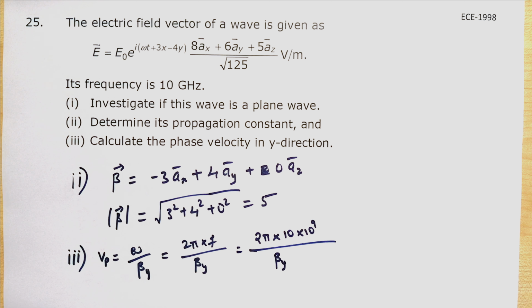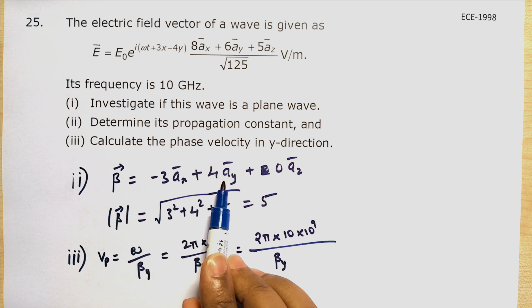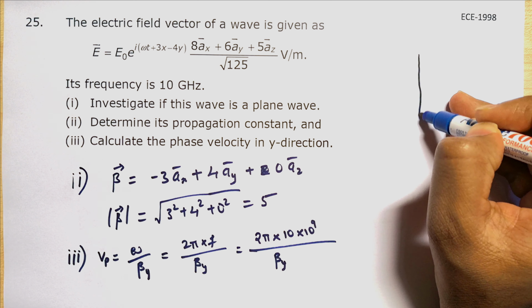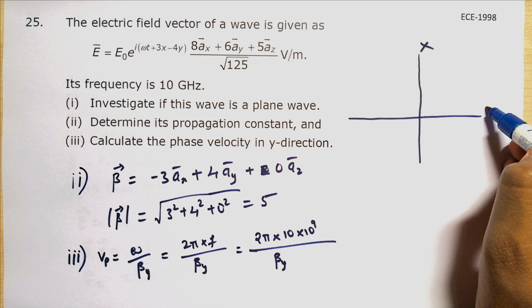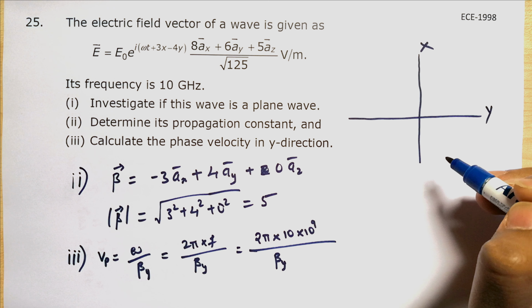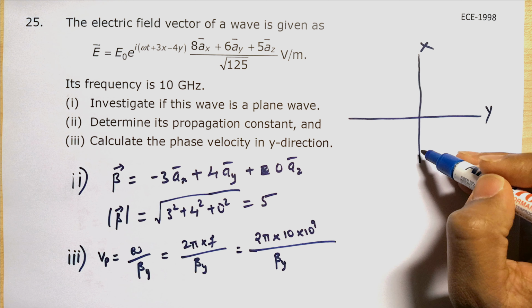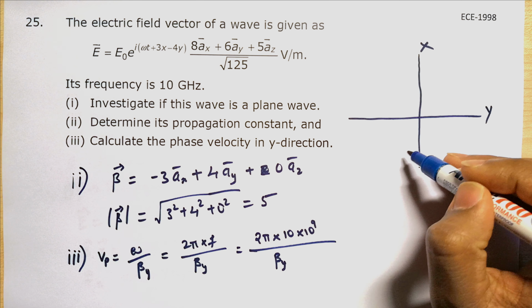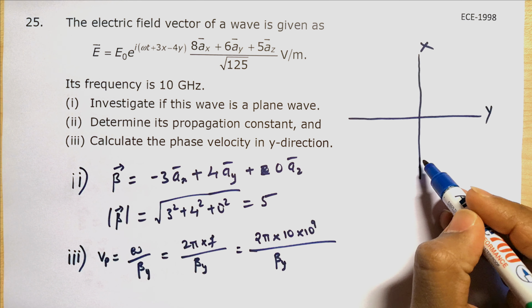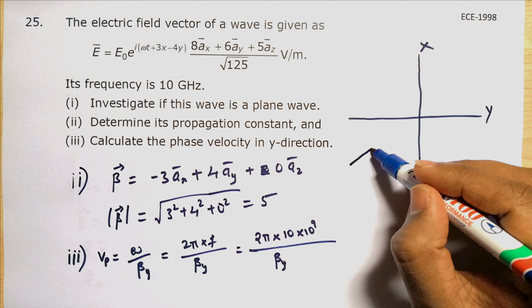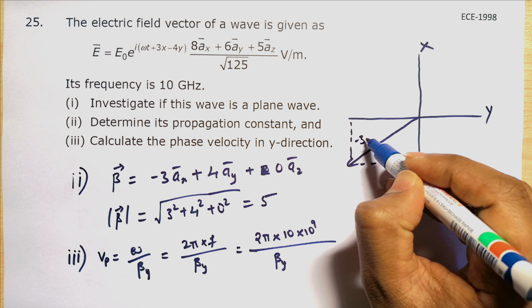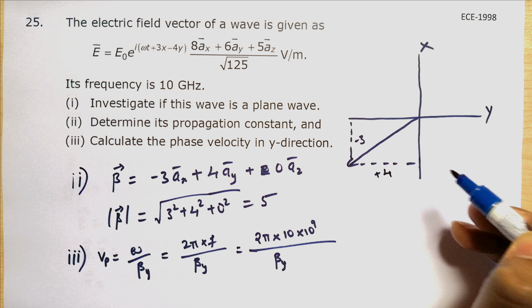So now we have to find what is beta y. For this, let me just draw this vector on two coordinates, x and y. The vector is minus 3ax, which is in this direction, plus 4ay, and this is somewhere like this, so it's minus 3 and plus 4.